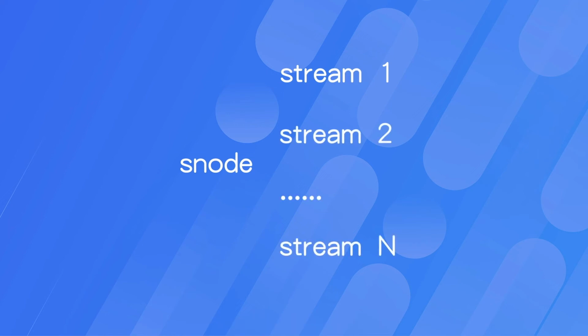There can be at most one snode in a single dnode, and it is identified by the EP of the dnode. The mnode schedules available snodes to perform the stream processing tasks. If there's no snode available in the system, stream processing tasks are executed in vnodes.